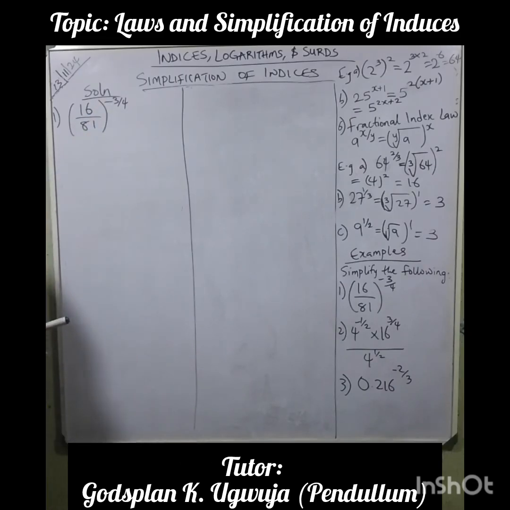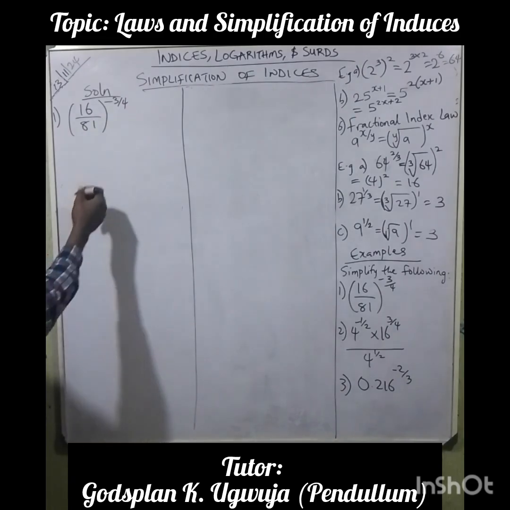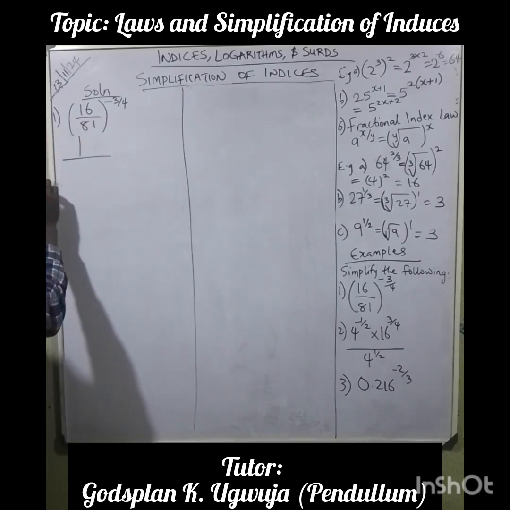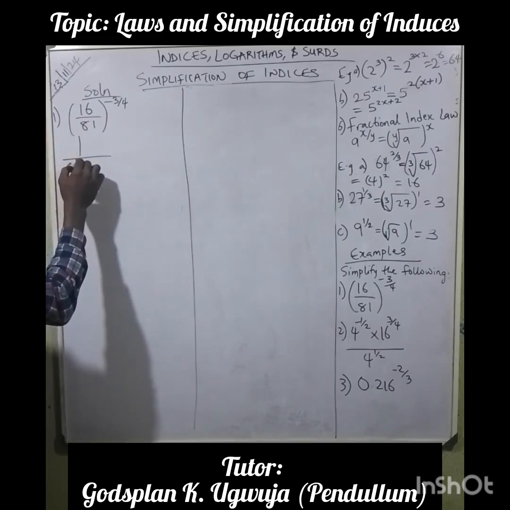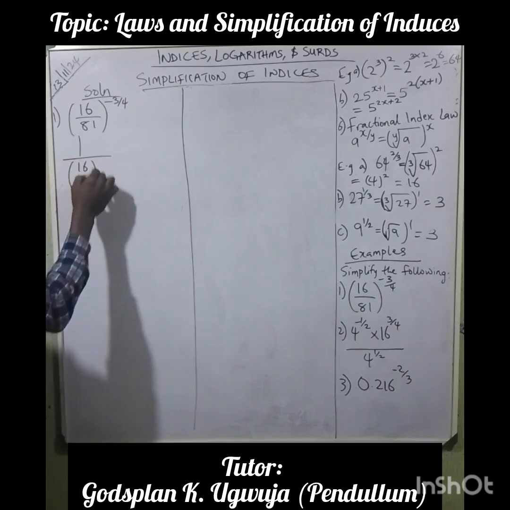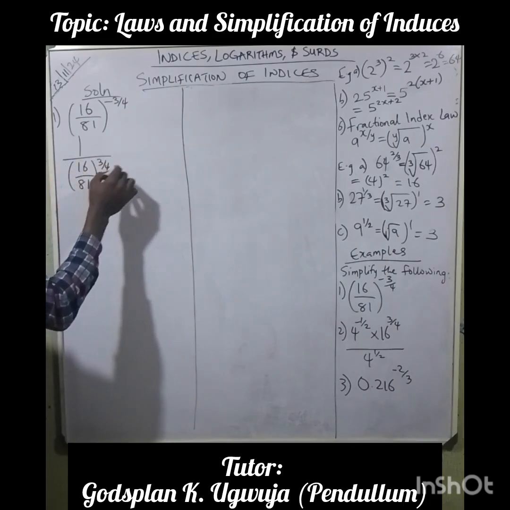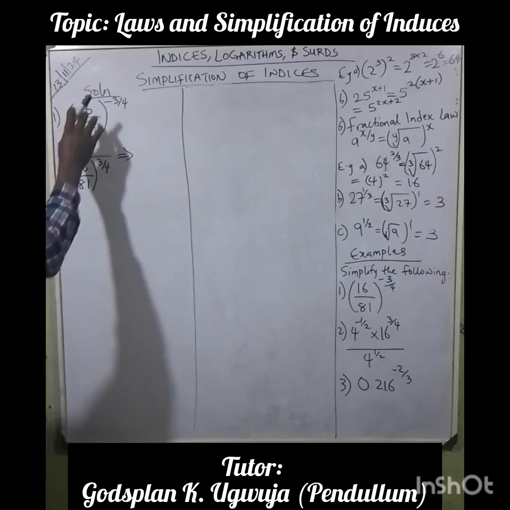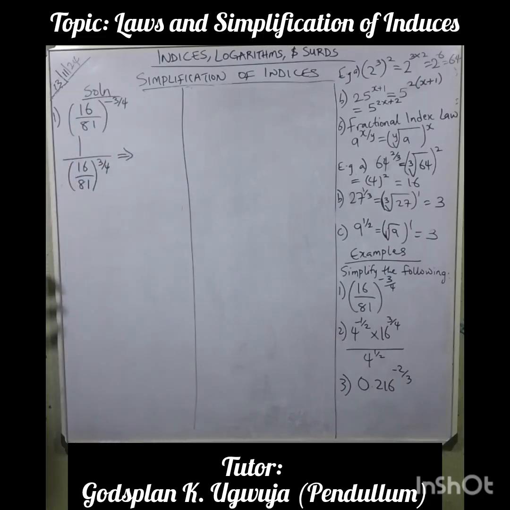So if you remember the negative index law, negative means 1 over, then 16 over 81 raised to power 3 over 4. Alright, so first of all, this negative means 1 over, then everything here raised to this power.